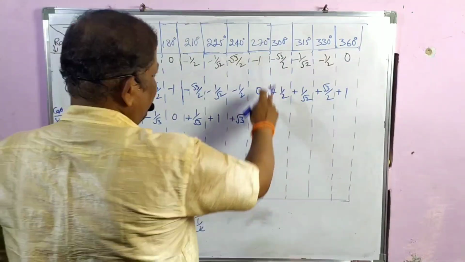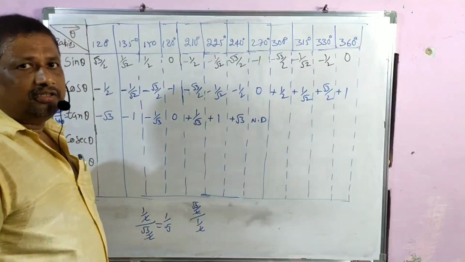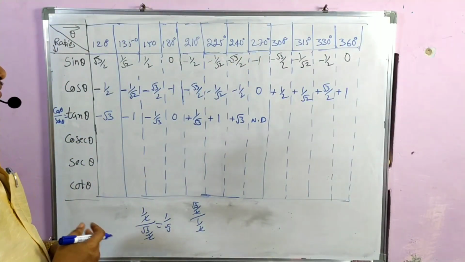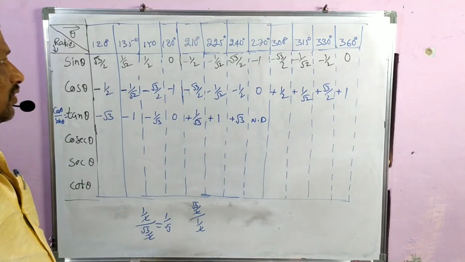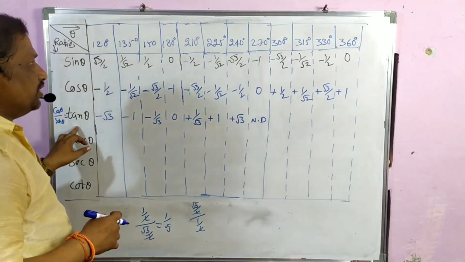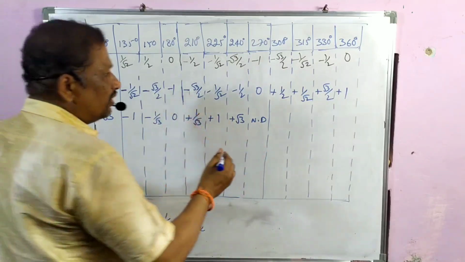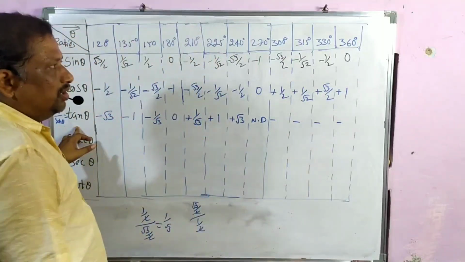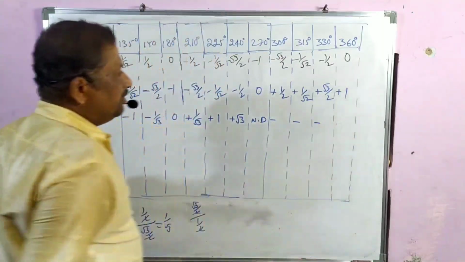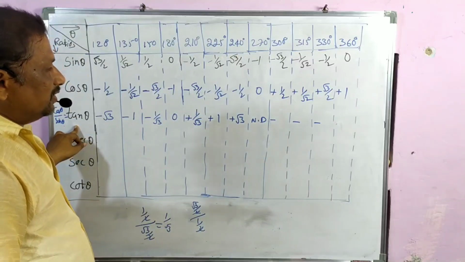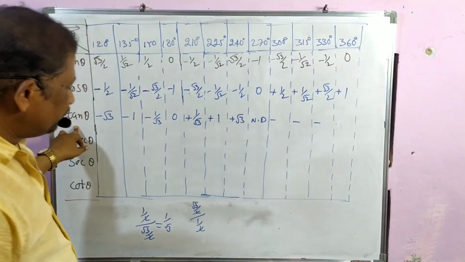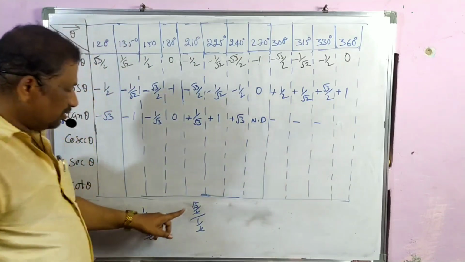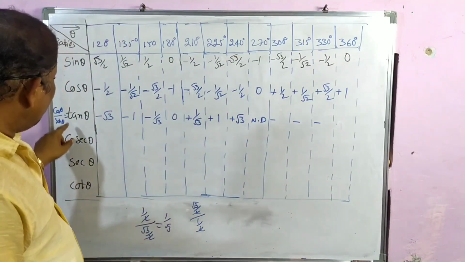Next, 300 degrees. 300 degrees means 270 plus 30. So it is operating on the y-axis. Ratio changes. 270 plus 30 means fourth quadrant. Tan is not there, so negative signs will come. So 270 plus 30, tan becomes cot.